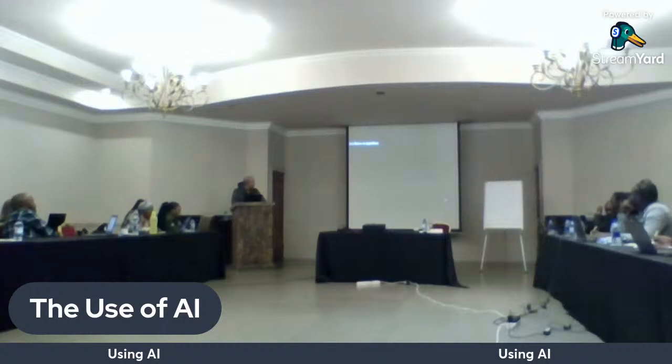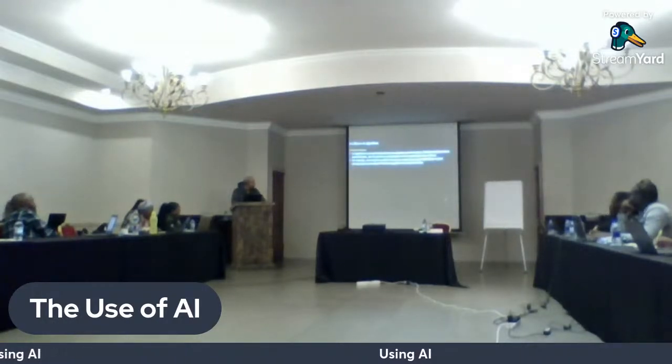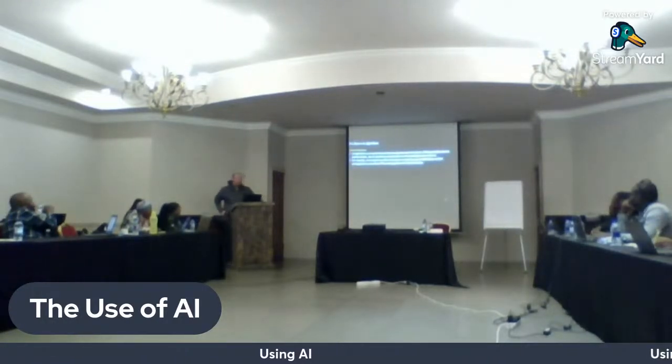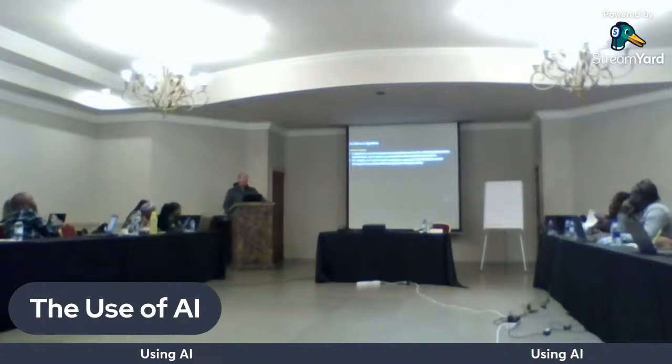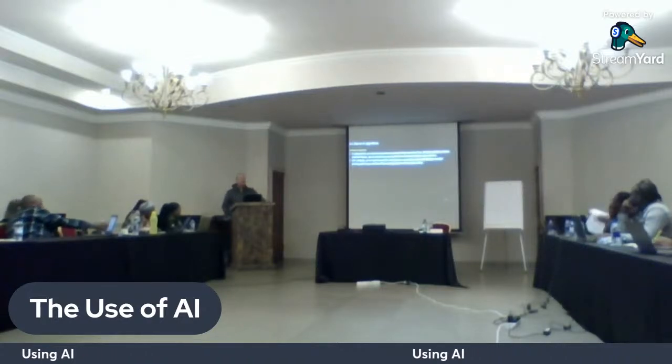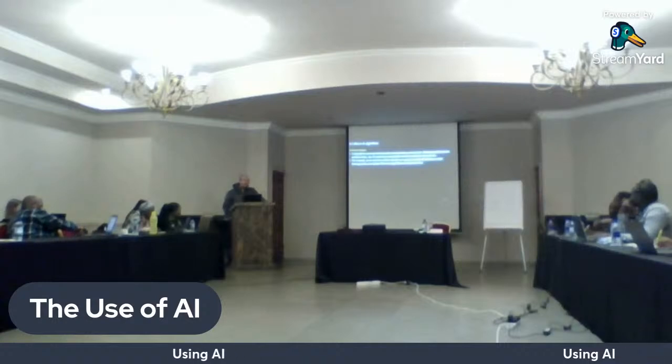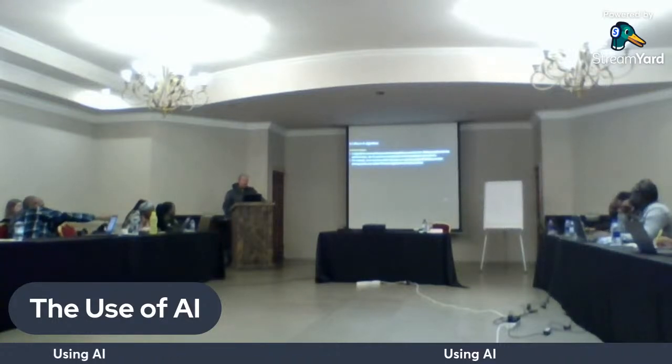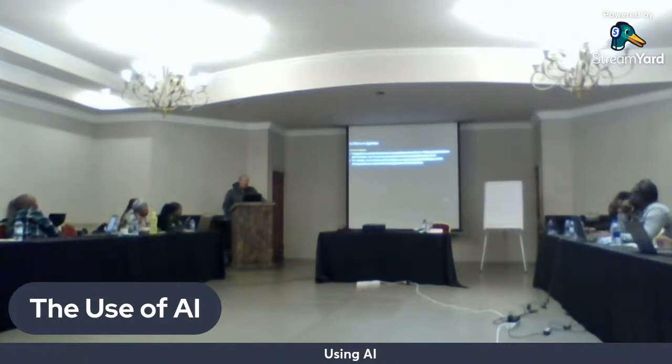Bias in AI algorithms. Inherent bias: AI algorithms can inherit biases from the data they are trained on. I'll give you an example now. If historical data reflects social bias, the AI system can perpetuate or even exaggerate these biases.